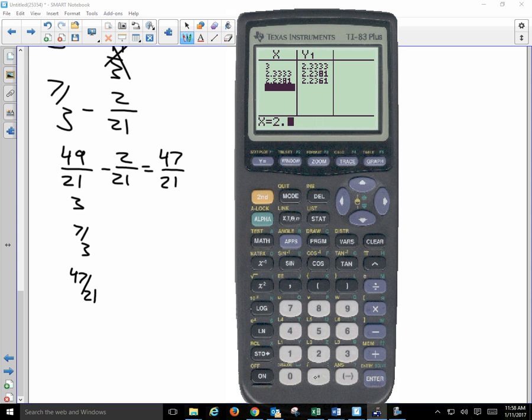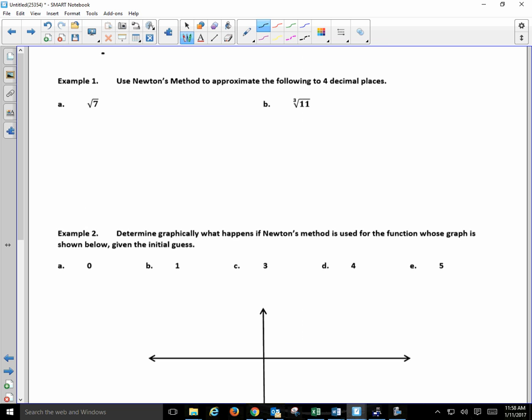So you continue until you don't have a change. So 2.2361 is accurate to 4 decimal places. 2.2361 squared. Boom. There's Newton's method.